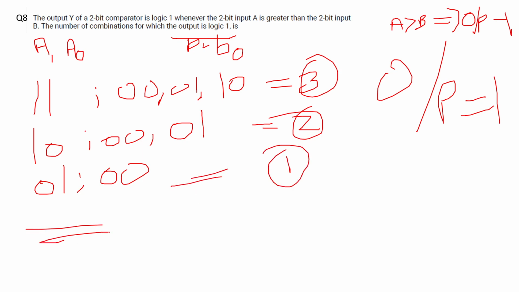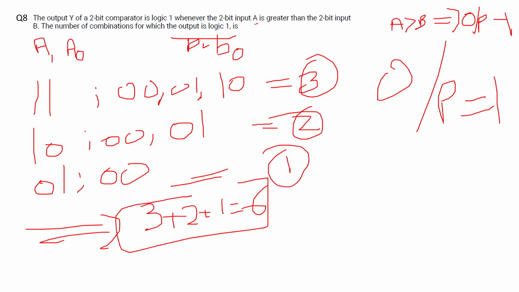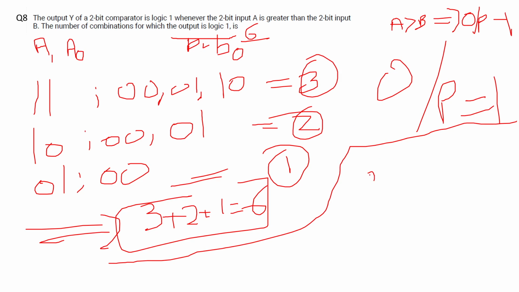So in total how many combinations do I have? 3 plus 2 plus 1. So for 6 combinations my output is 1. So my answer is 6. There is another general formula through which you can calculate this. That formula says that for an n-bit comparator, the number of possible combinations for a number A greater than B is (2 to power 2n minus 2 to power n) by 2.